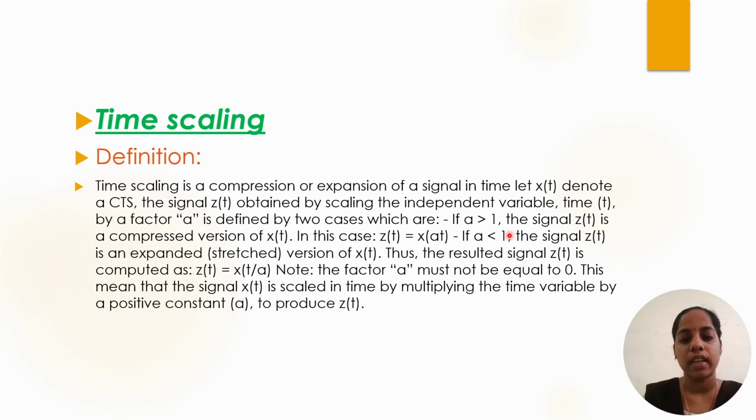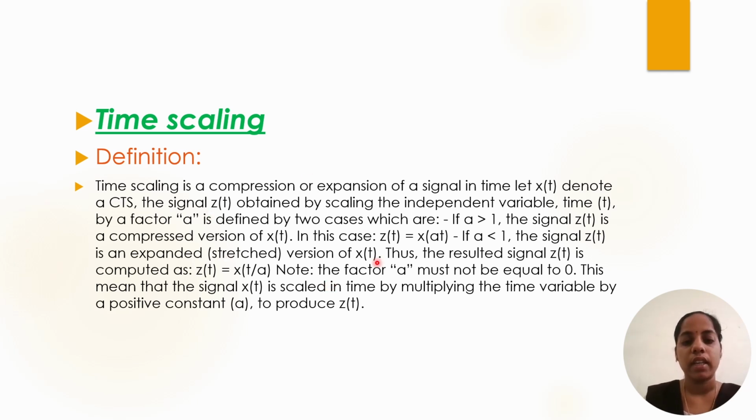If a greater than 1, the signal z of t is compression of x of t, in case z of t equal to x of at. If a less than 1, the signal z of t is computed as z of t equal to x of t by a. The factor a must not be equal to 0.